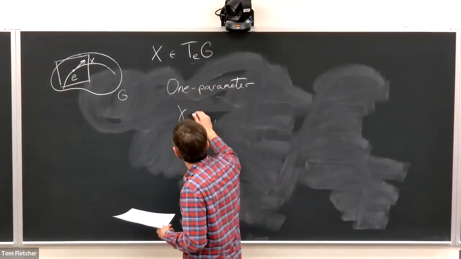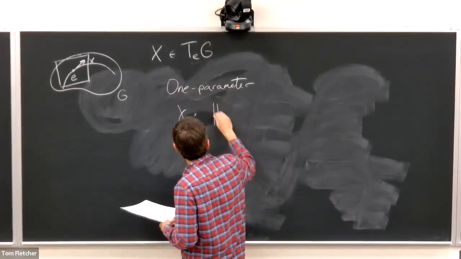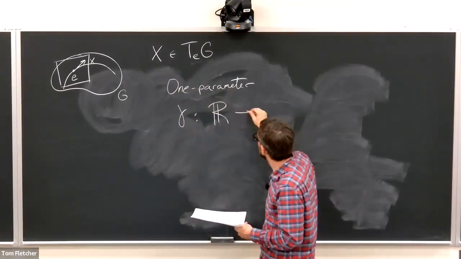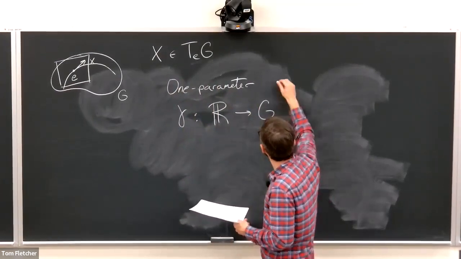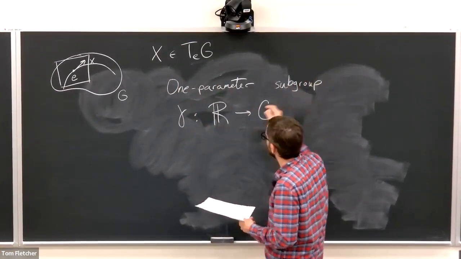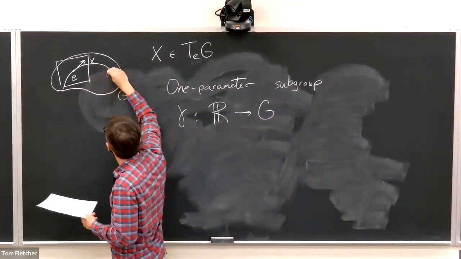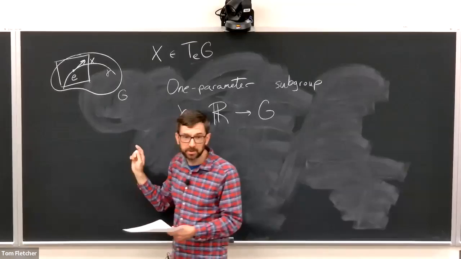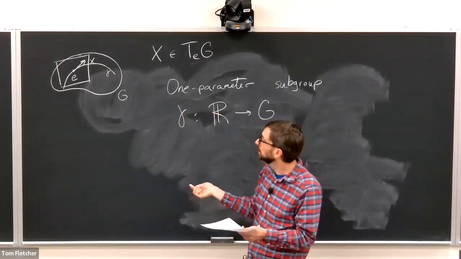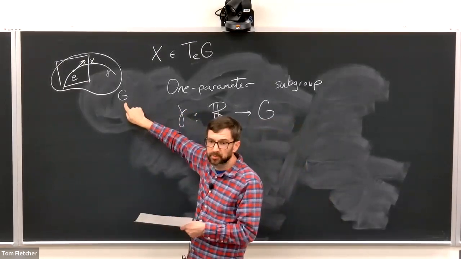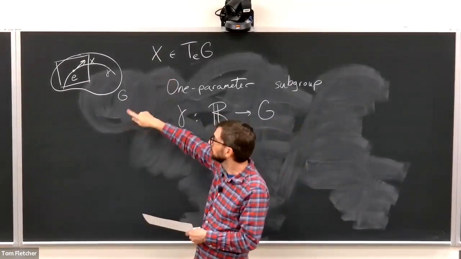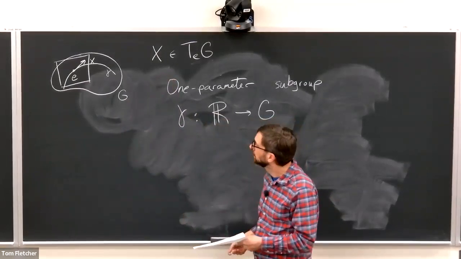Let me write it as gamma. So it has a one parameter, a real number, and it's a subgroup, which means that if we only take points on this curve gamma, just consider the points that live on this curve, they themselves form a group, under the same binary operation as the parent supergroup, if you will, capital G.